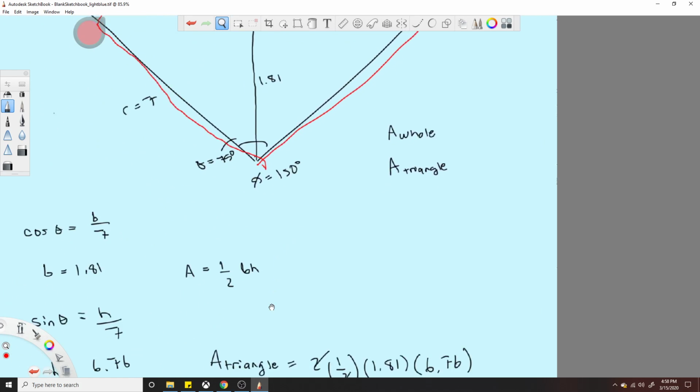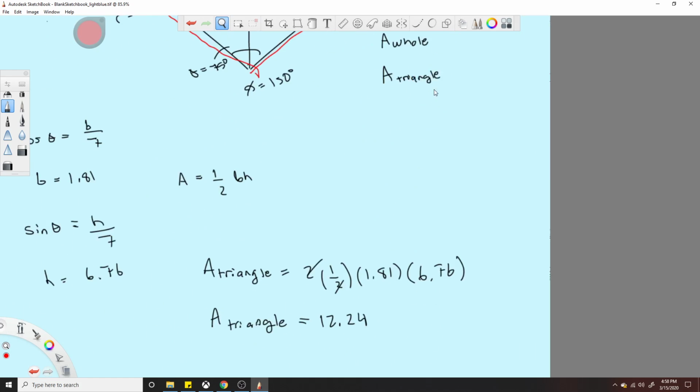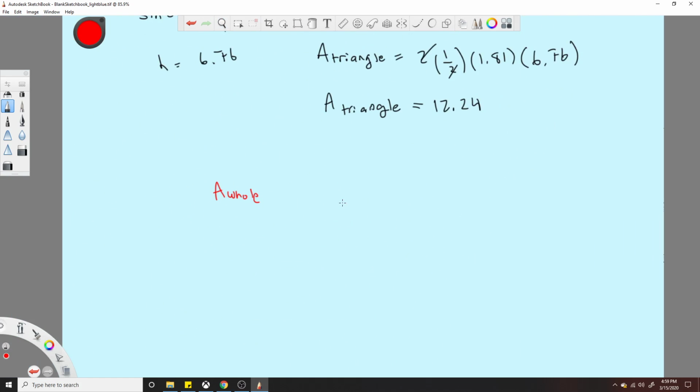Boom. That's what we're solving for. So we know this is a 150 degree. If we have an entire circle, 150 degrees, we're just going to take this chunk. So we take the 150 over 360, and then we multiply by the area of the circle.